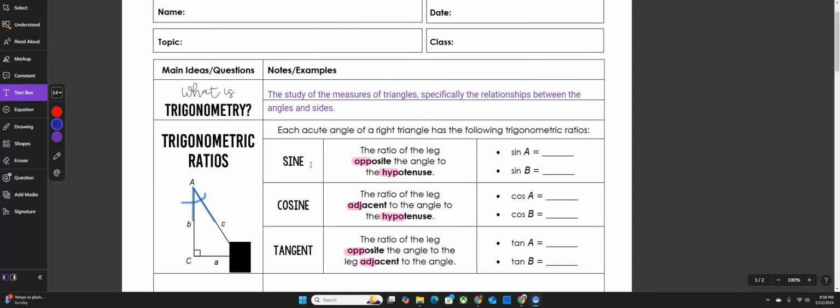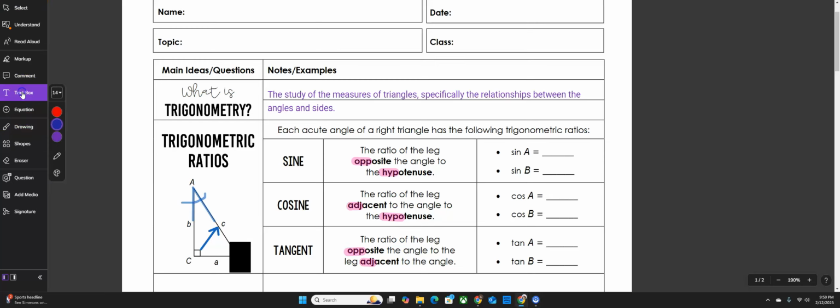For our purposes in trigonometry, we are going to refer to the sides as the opposite side, the adjacent side, and the hypotenuse. Now remember, opposite and adjacent are in reference to the angle. But the hypotenuse is always the side that is across from the 90-degree angle.